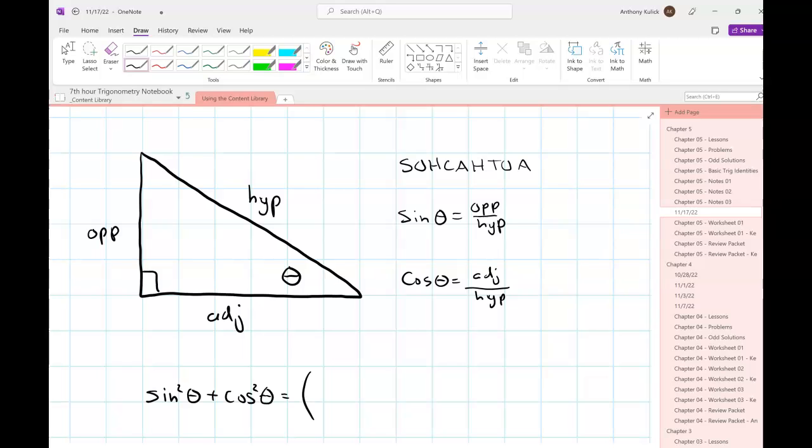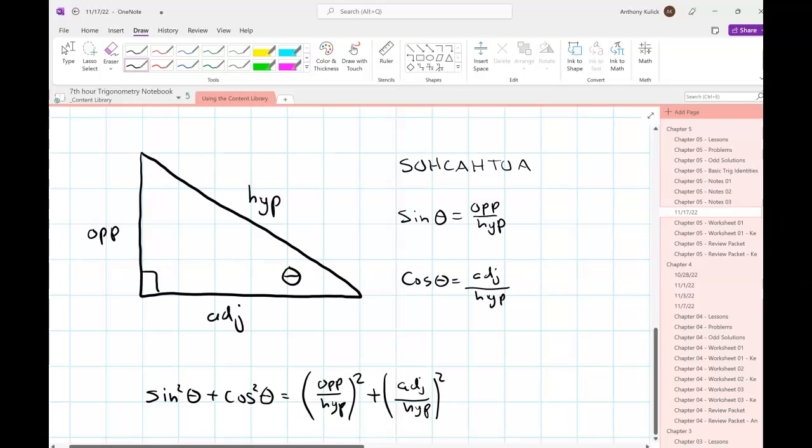Sine theta is opposite over hypotenuse, so sine squared theta is going to be opposite over hypotenuse squared. Similarly, cosine squared theta will be adjacent over hypotenuse squared. Does that feel okay to everybody?